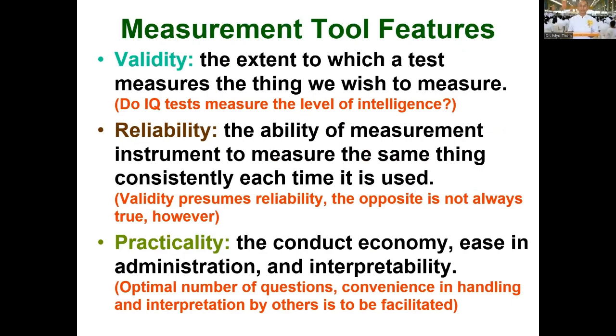Yesterday we were discussing that there are some features of the questionnaire method related with validity, reliability, and practicability. So what is the validity? First of all, we can know what the validity is. Validity means the extent to which a questionnaire measures the things we wish to measure.